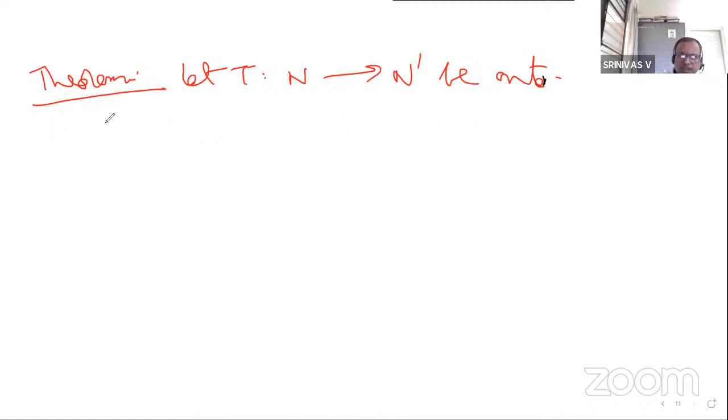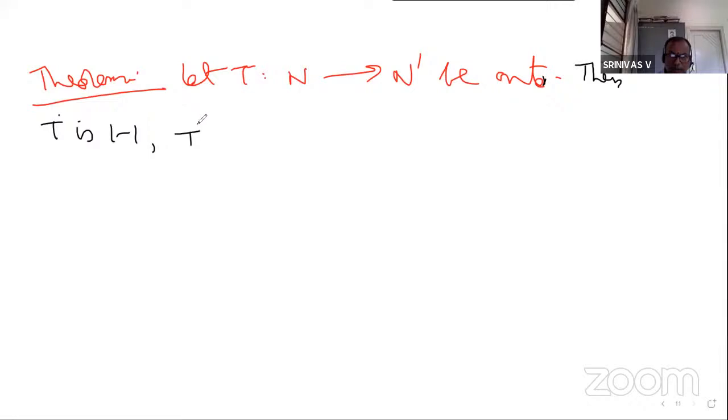Then T is 1 to 1 and T inverse is bounded.